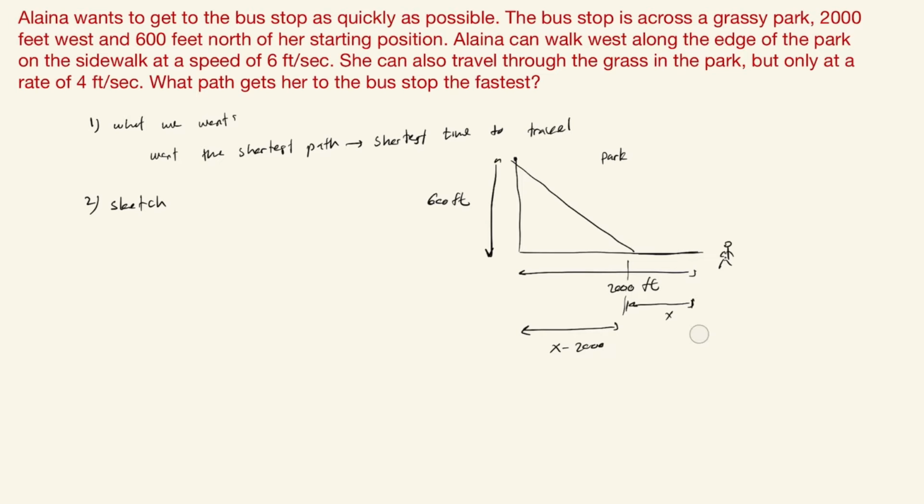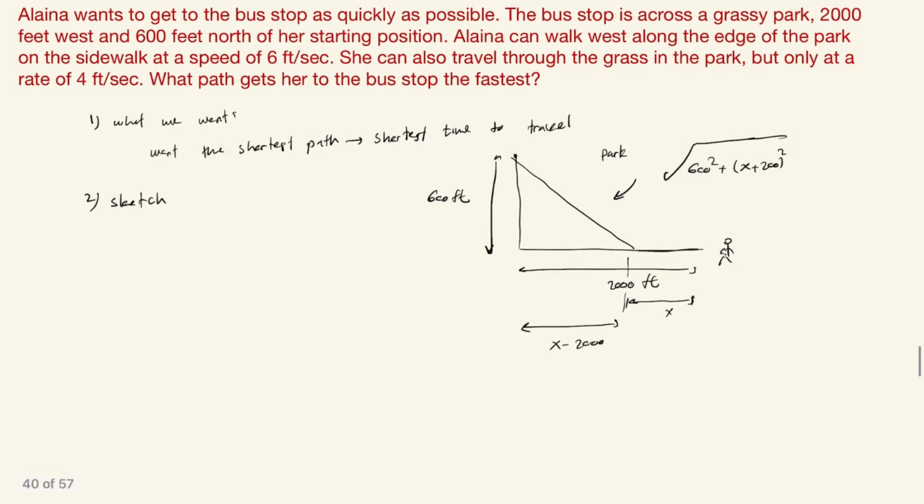So here we have a combination of these. She can travel along the sidewalk, she can just take the grass, or she can take a combination. To solve this problem, we assume a combination is the best, and we'll determine the x value, whether it's 0 or in the middle, that will take Alaina the shortest time to get to the bus stop.